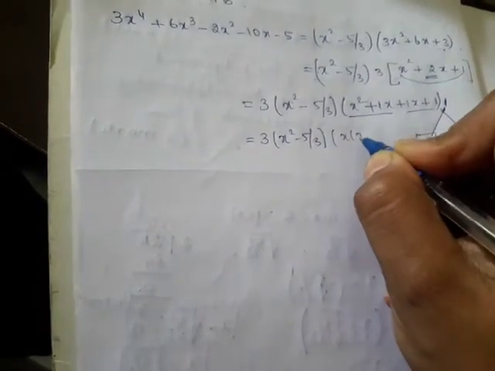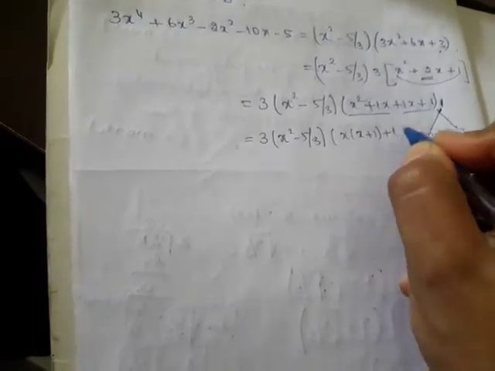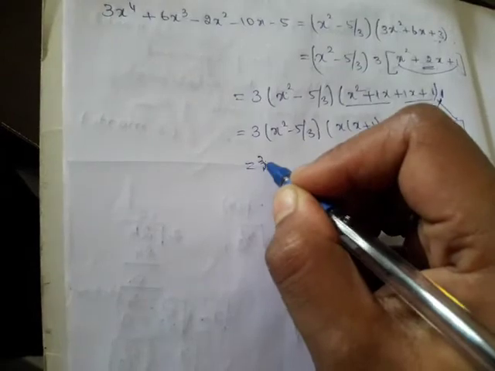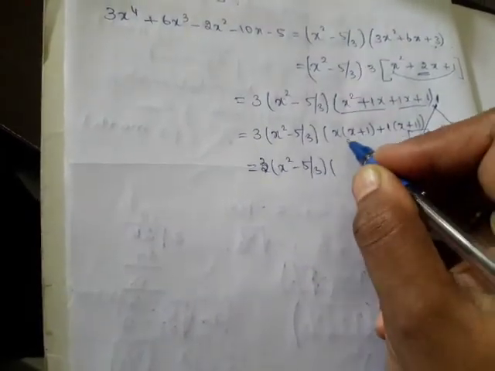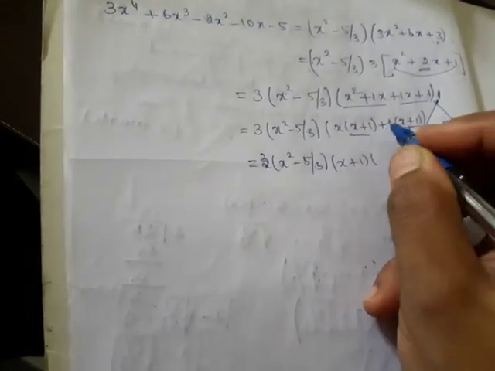If I take x common, it will become x plus 1 plus, here 1 only common, so I will get x plus 1. So which is equal to 3 into x square minus 5 by 3, and again x plus 1 is common and remaining one is x plus 1.